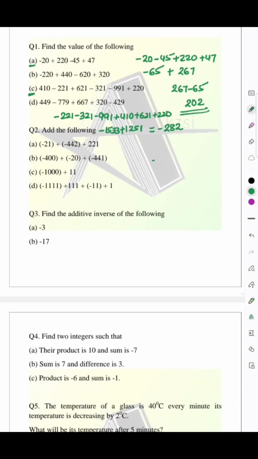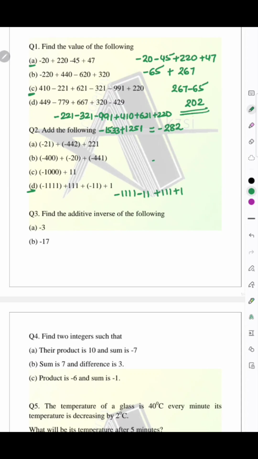Moving on to question number 2. Now that we do one question from question number 2, let me do part D of this one. I'm doing the same thing, grouping all the negative numbers and all the positive numbers together. So grouping like this, all the negative numbers and all the positive numbers.